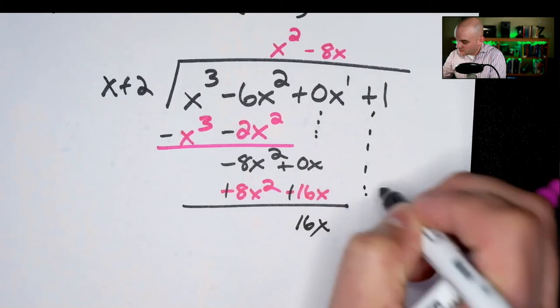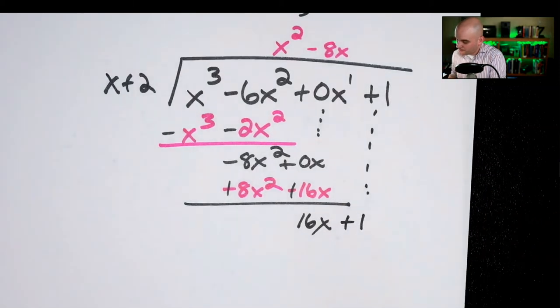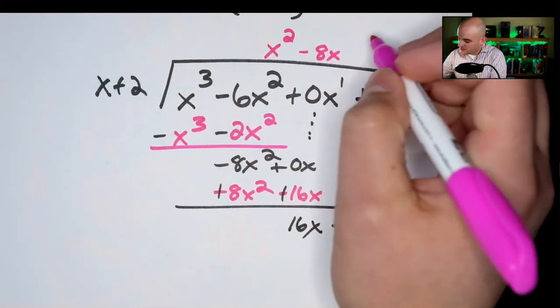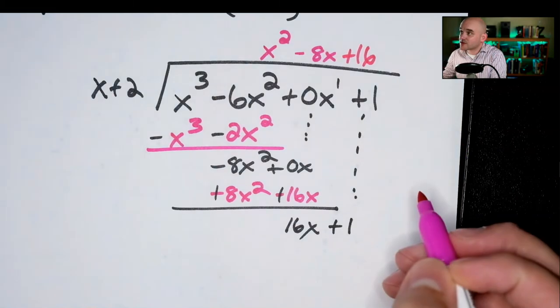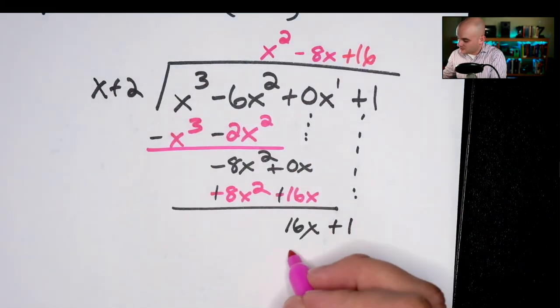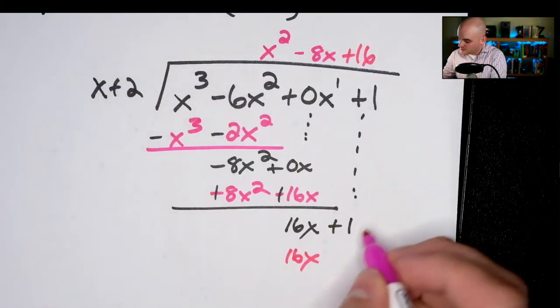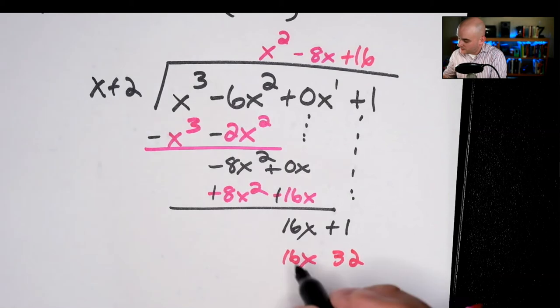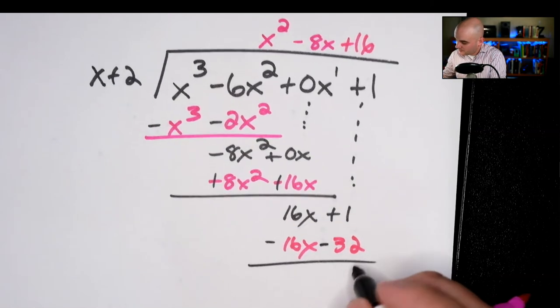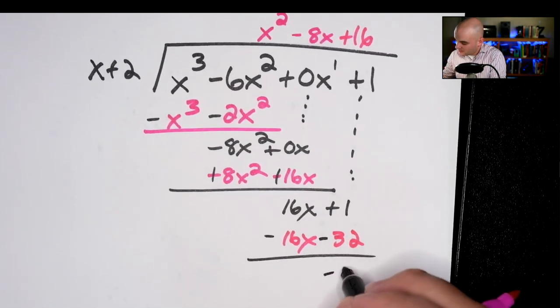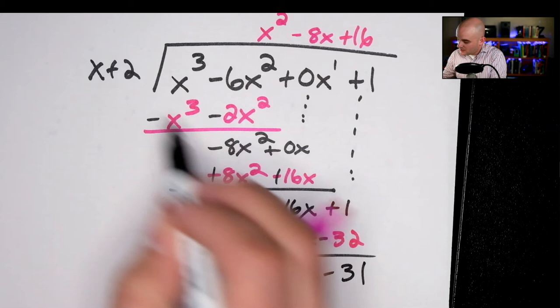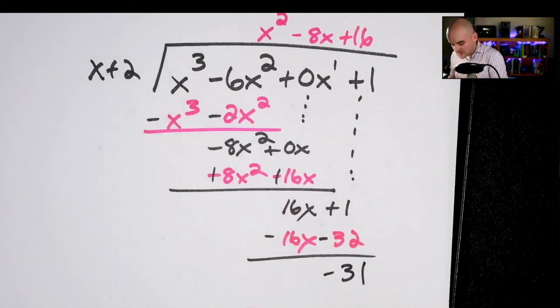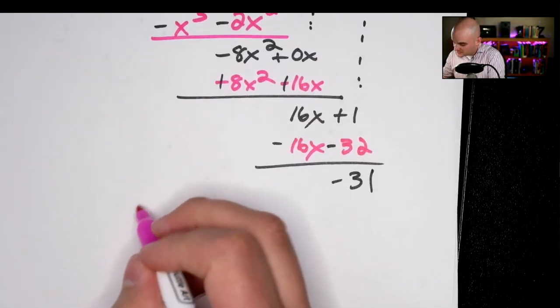Bring down that term right here, plus 1. X goes into 16x 16 times. 16 times x is 16x. 16 times 2 is 32. Flip those signs and add. And I get a negative 31 there. X will not divide into that, so that is my remainder, which means my answer is written like this.